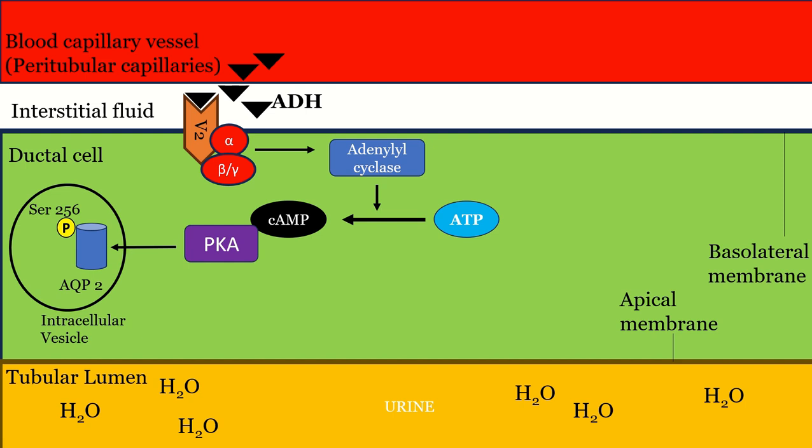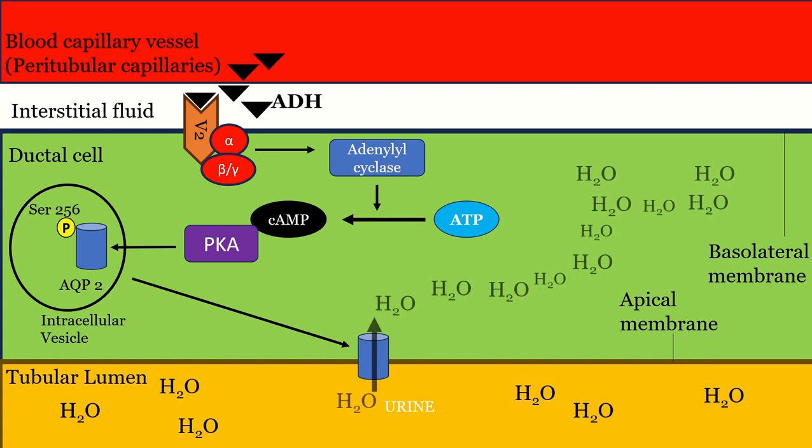Once it gets phosphorylated, these intracellular vesicles will translocate to the apical membrane, which faces the tubular lumen. Once it translocates, through this aquaporin 2 channel, the water flowing through the urine will come into the ductal cell.